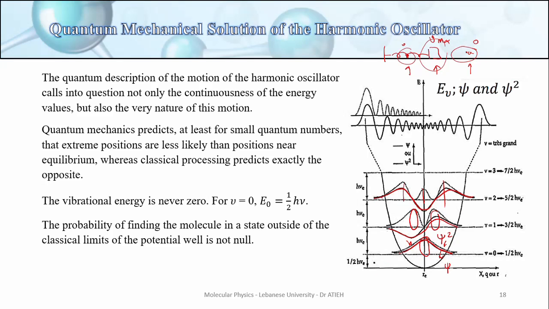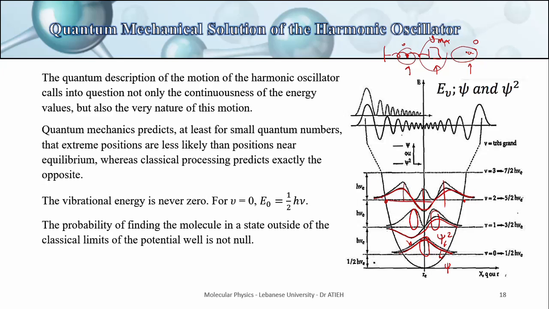One last difference between the quantum approach and the classical approach is that according to classical mechanics, the boundaries of maximum elongation and maximum compression are determined by the intersection between the potential graph and the energy graph.